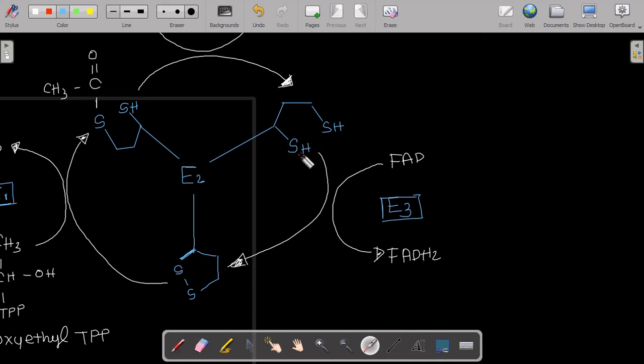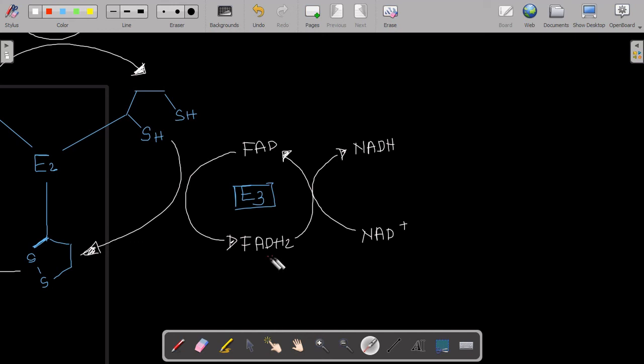Okay, the electrons, as you can see, the hydrogen atoms here, these are the electrons. These are accepted by FAD and it gets converted into FADH2, and that's why the lipoic acid gets reoxidized into its original form, and this reoxidation of lipoic acid is catalyzed by E3, and then this FADH2 is reoxidized again into FAD so that it can oxidize lipoic acid.